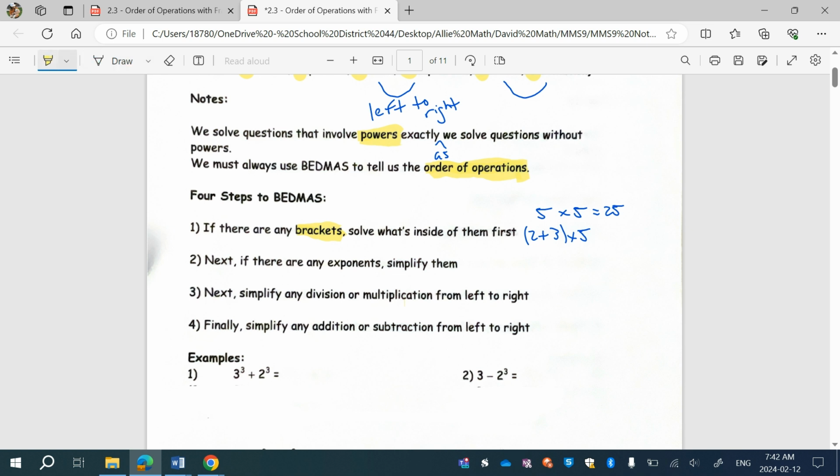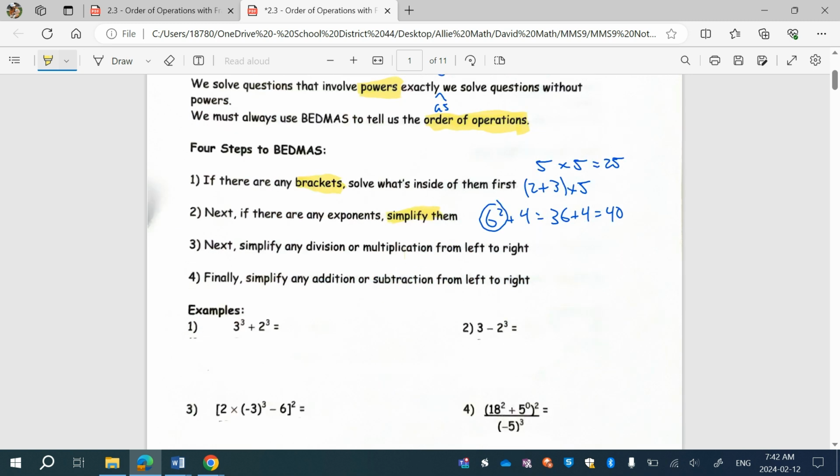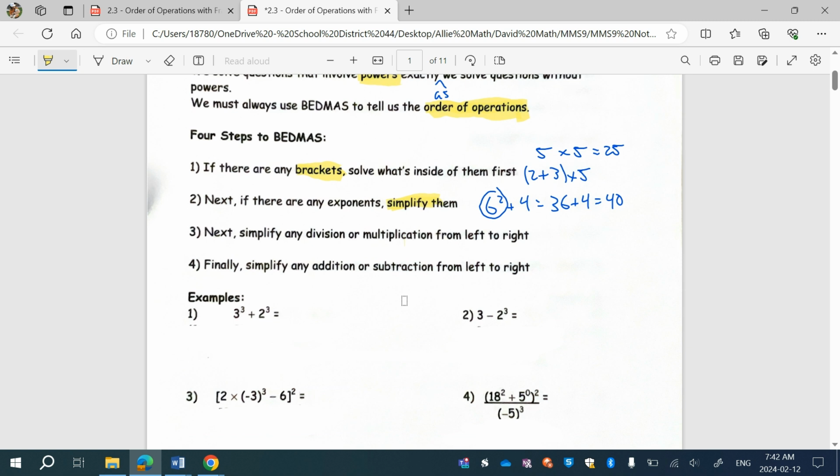So next, if there are any exponents, we simplify them. So if we had 6 to the power of 2 plus 4, we first need to simplify this. So 6 times 6 is 36 plus 4, and that would equal 40. And then next, we simplify any division or multiplication from left to right.